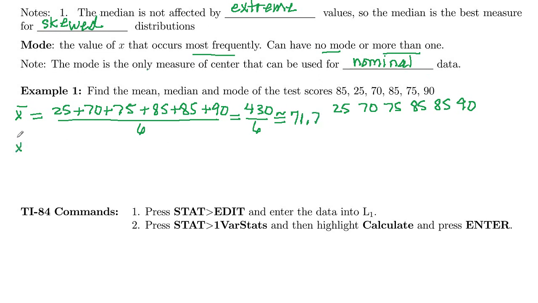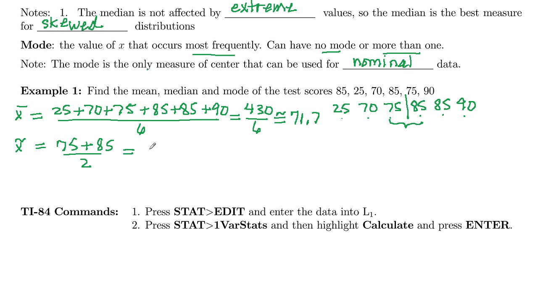For our median, we've got 6 values here. 6 divided by 2 is 3, so we count up 1, 2, 3 from the bottom, 1, 2, 3 from the top. We've got 2 middles, 75 and 85. So we want to average those values. So 75 plus 85, and then divide by 2.